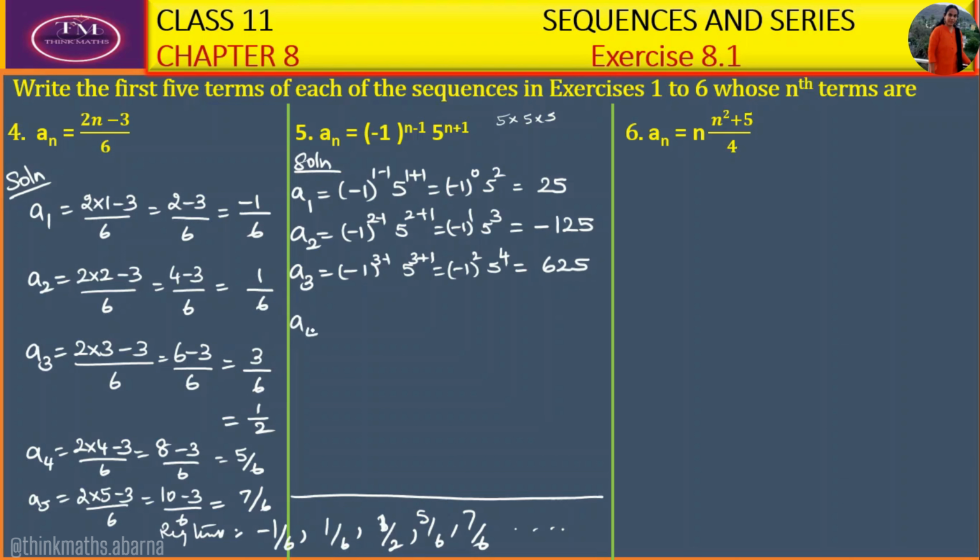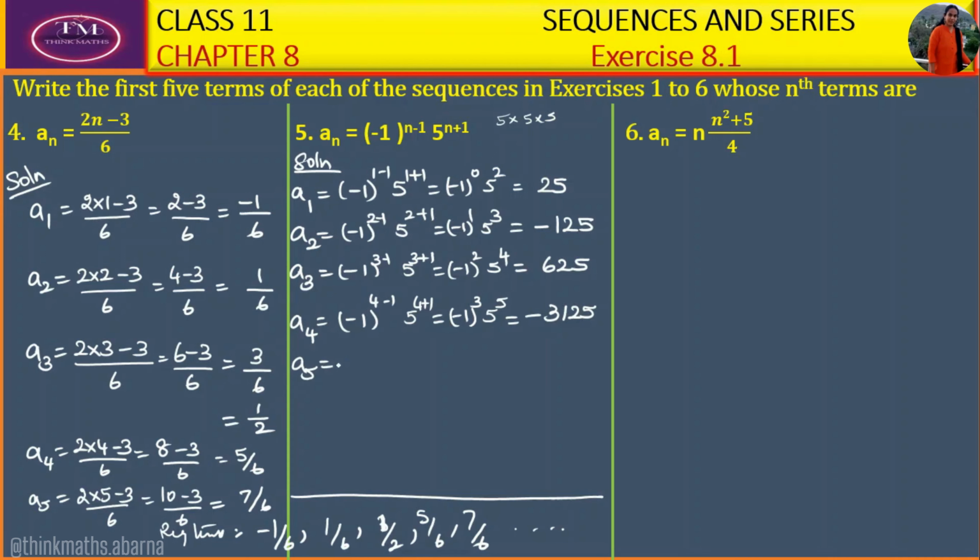Next A4, which is equal to minus 1 to the power 4 minus 1, 5 to the power 4 plus 1. So minus 1 to the power 3, 5 to the power 5. So minus 1 whole cube is negative and 5 to the power 5. So 5 to the power 5 is, with 625 you have to multiply another 5. So its answer is 3125.